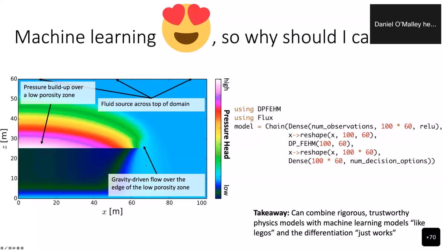So you can have this trustworthy physics that's backed up by decades of research in how to solve these partial differential equations. You can just put that in the middle of your machine learning model, and then you can train it in the same way that you would for any old machine learning model. I think that's powerful, to be able to have this trustworthy physics in there. And so if you like machine learning, I think this is good.